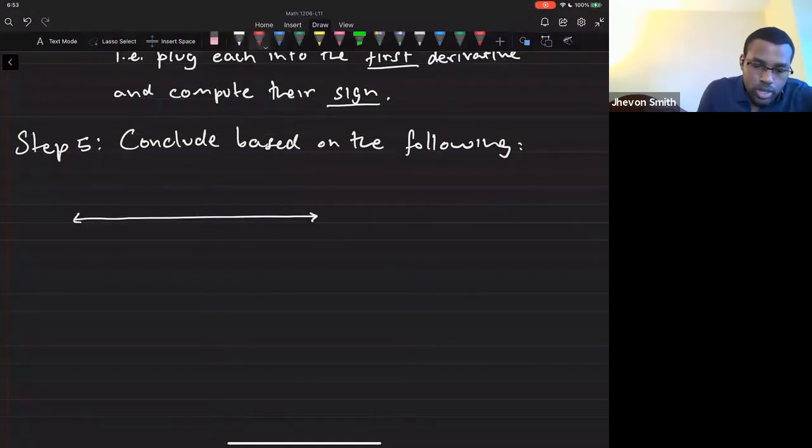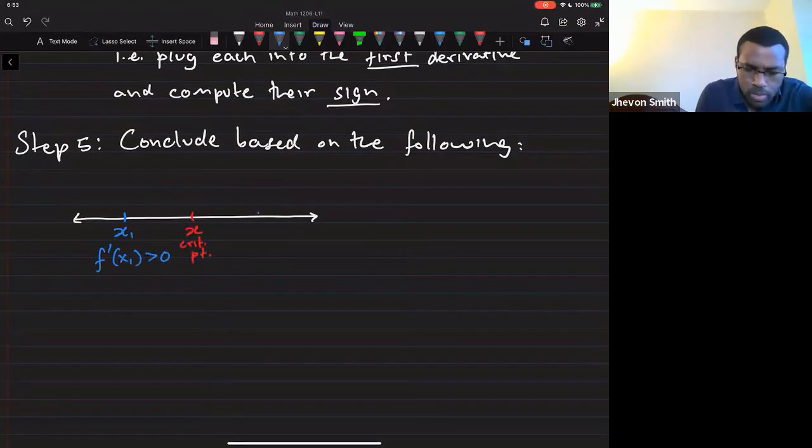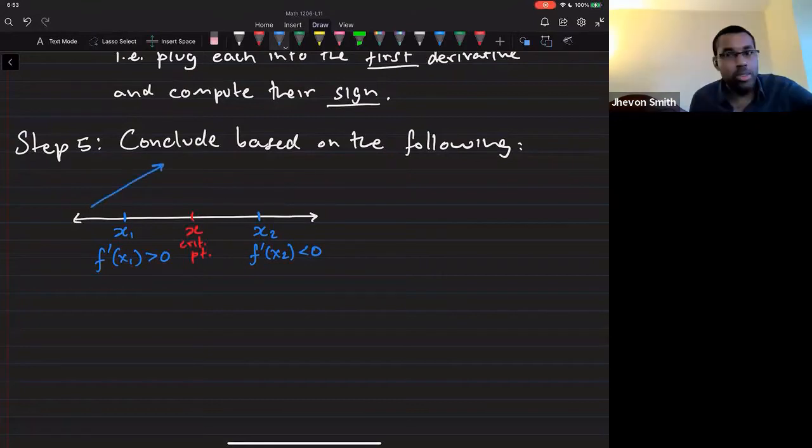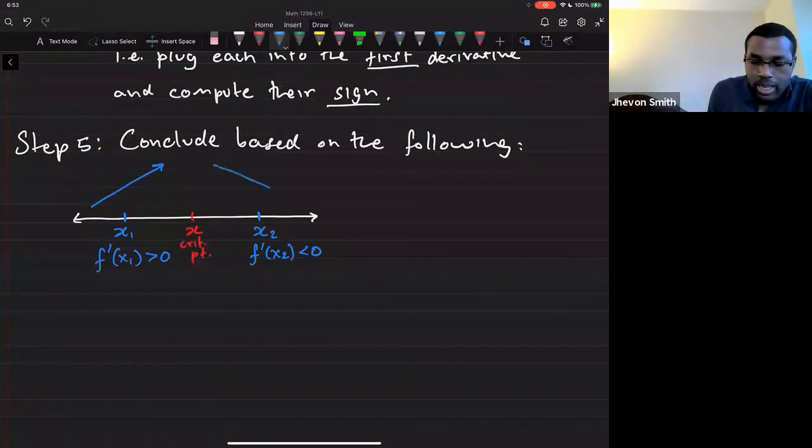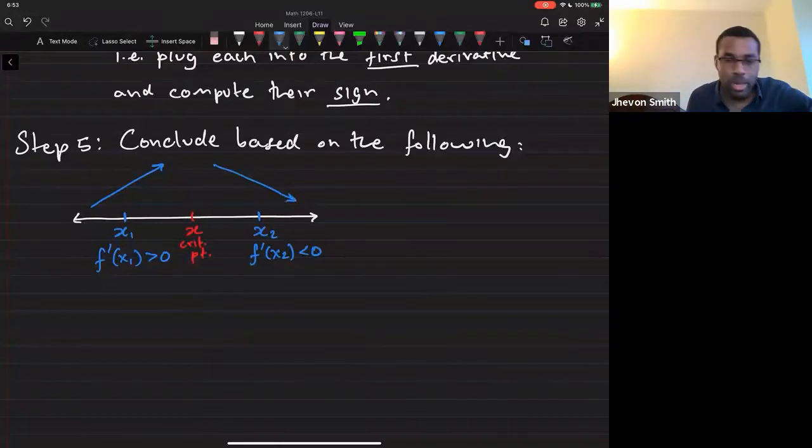What you can do is you can have the critical point here, and over here, you have your x1, you have your x2, and your f prime. When you plug in x1, you get something greater than 0. And when you pick the random value over here, f prime of x2, you get something that's less than 0. Now, what that means is on this side of the critical point, you're going up as you move from left to right. And on this side of the critical point, you're going down as you move from left to right.